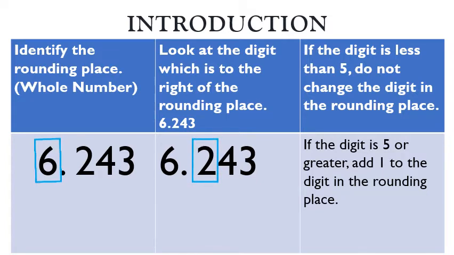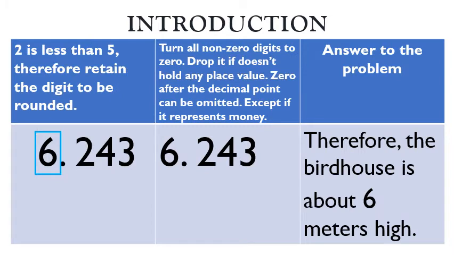If the digit is less than 5, do not change the digit in the rounding place. If the digit is 5 or greater, add 1 to the digit in the rounding place. 2 is less than 5, therefore retain the digit to be rounded.